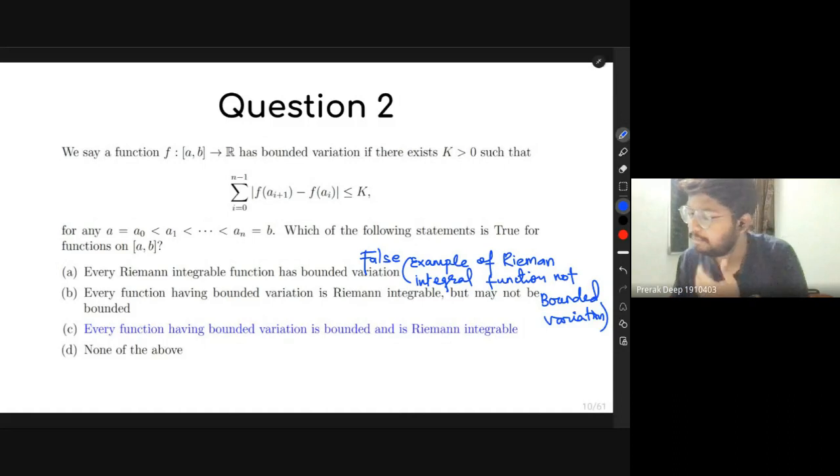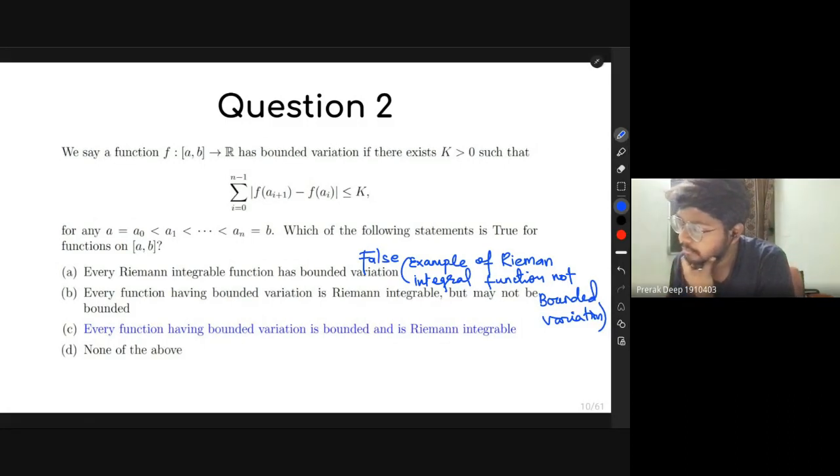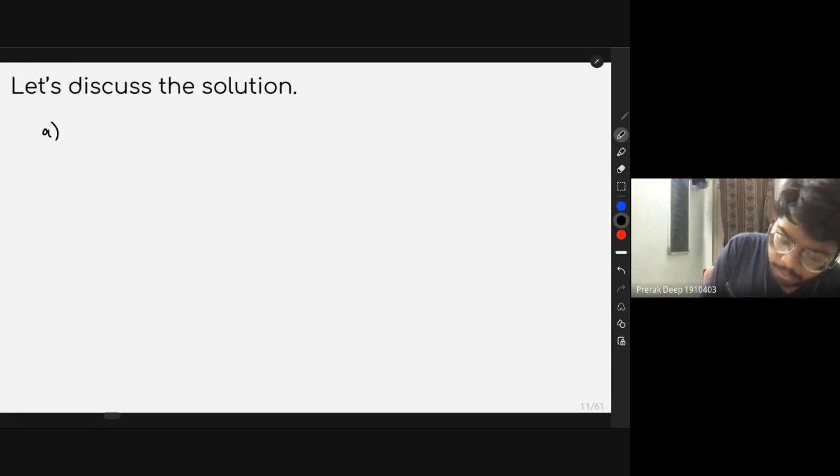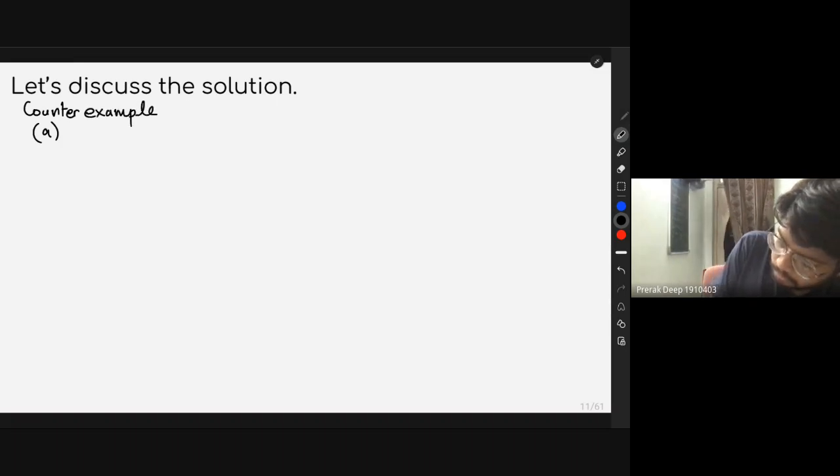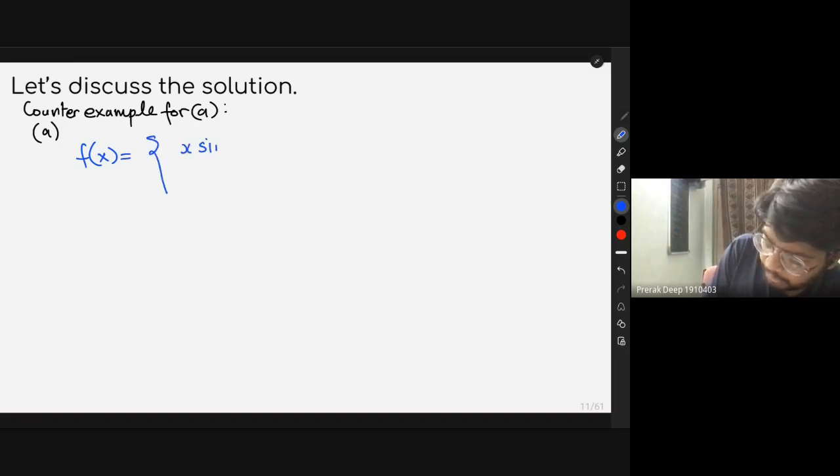I might have one of the examples. So the counterexample for option A: if you take this function f(x) to be x times sin(1/x) for x being non-zero, and 0 when x is 0.